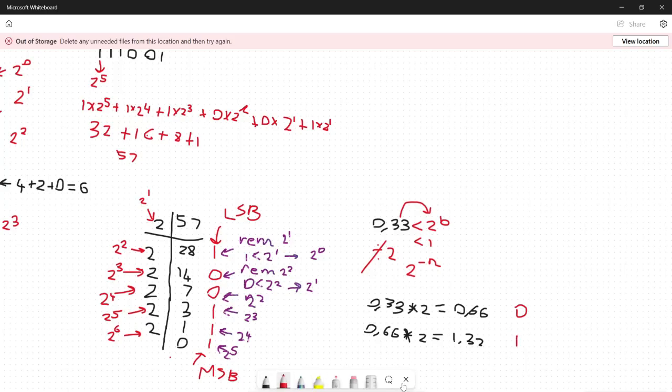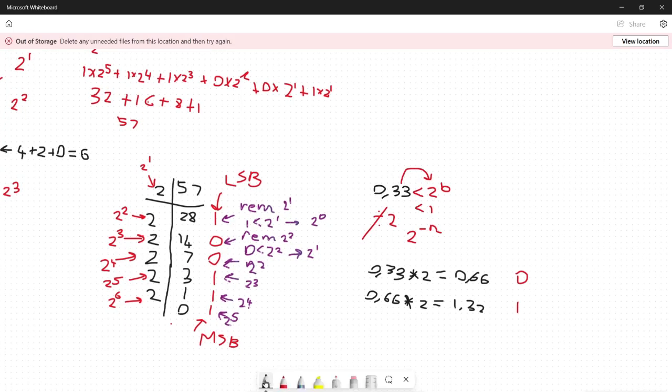It is greater than 2 to the power of 0. So what we're going to do is take that and minus 1 from it, and then we're going to say 0.32. And that 1 becomes our remainder.